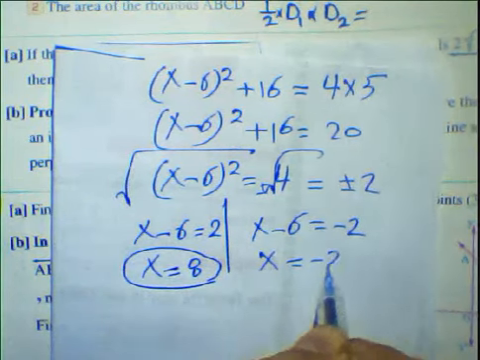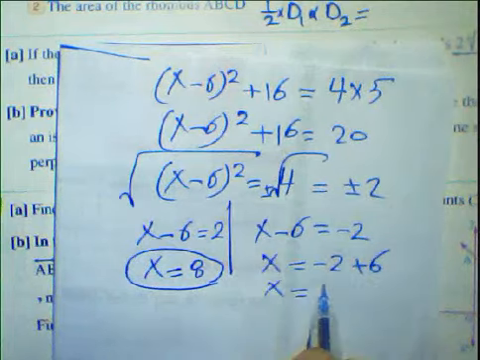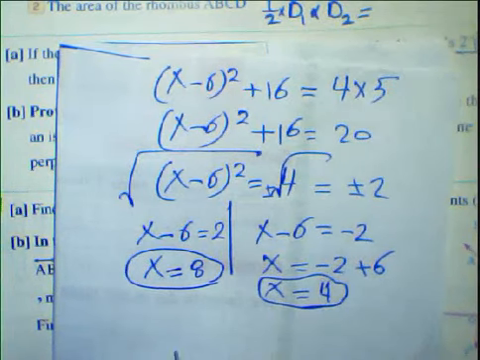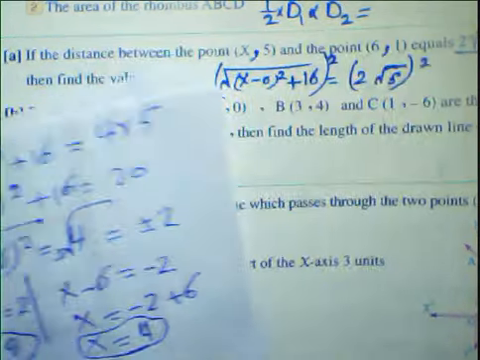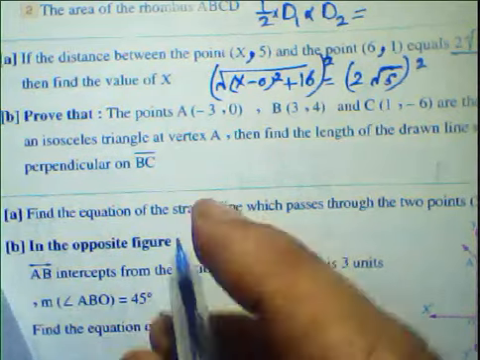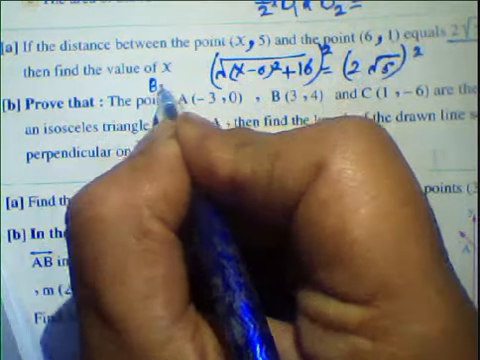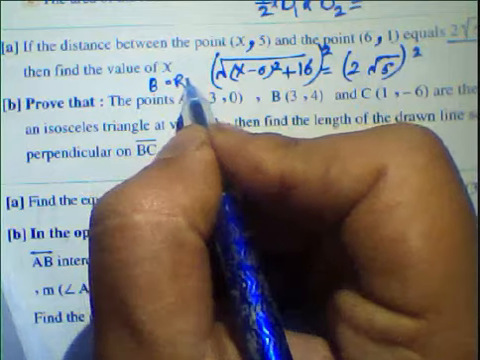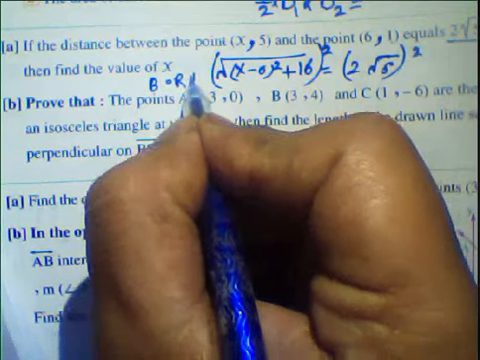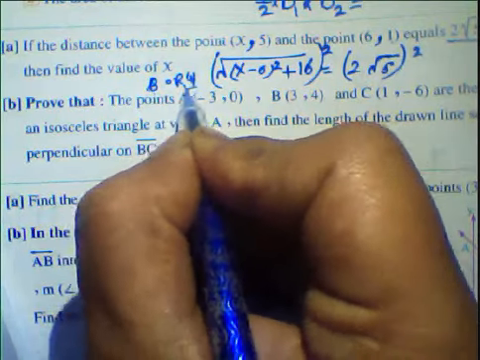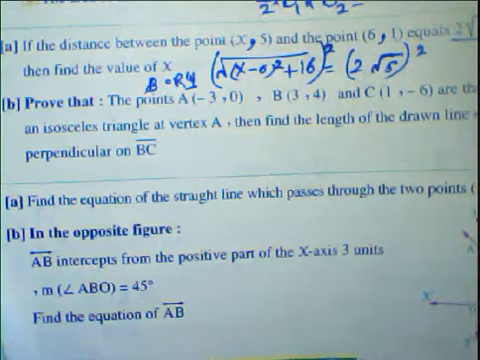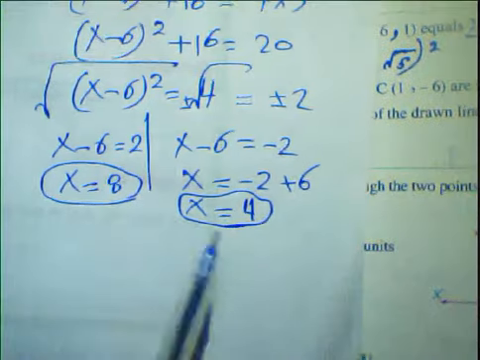And x equals negative 2 plus 6, then x equals 4. Okay, we have two solutions for this example. Then x will be 8 or 4. We have two values for x here.